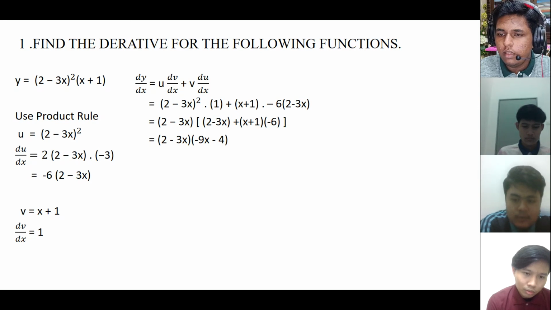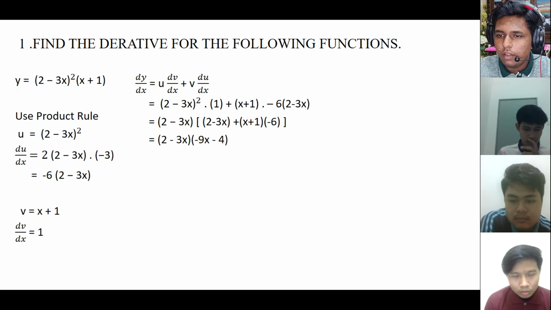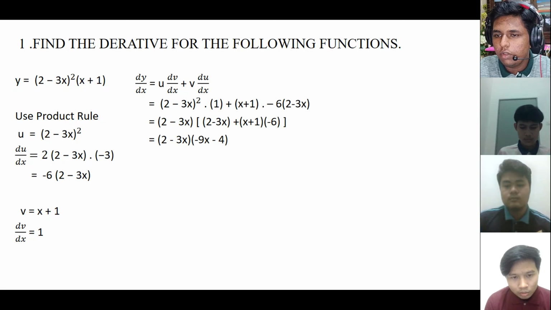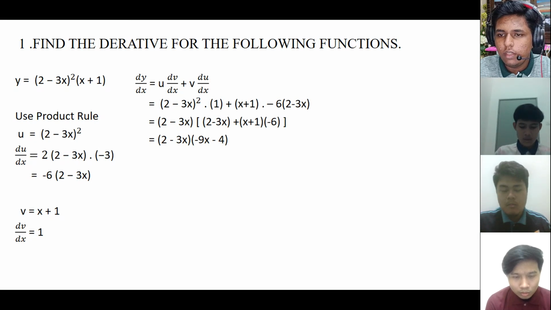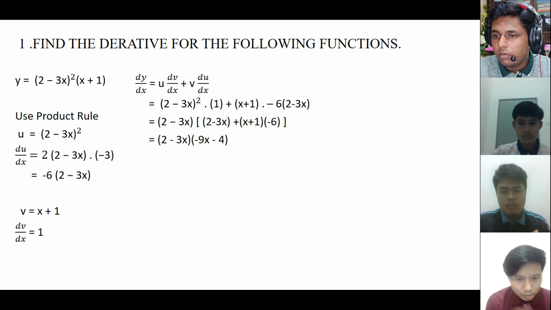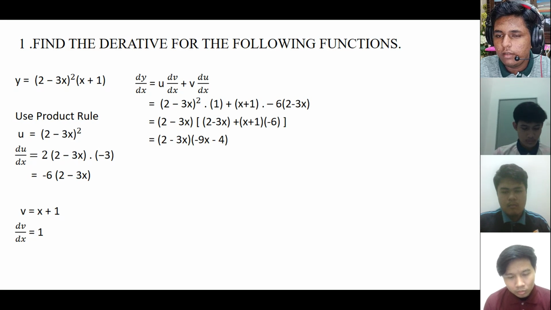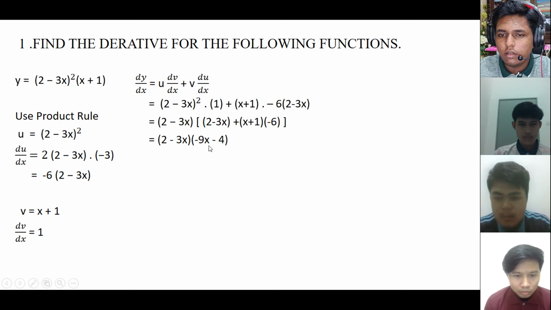Next, we put the value into the equation. So dy over dx equal to u dv over dx plus v du over dx, equal to bracket 2 minus 3x squared multiply 1 plus bracket x plus 1 multiply negative 6 bracket 2 minus 3x.